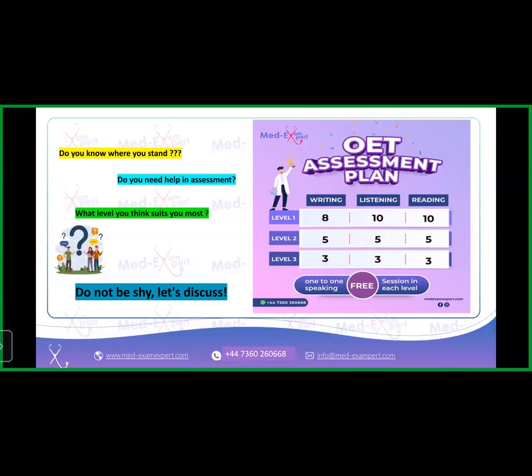So basically, what we are trying to do here is facilitate you to success, and we are with you. You have to know where you stand, and you can take these plans according to your requirement and your test. And for people who are appearing in OET in November, December and January, you can start our regular live sessions, which are going to start from November.